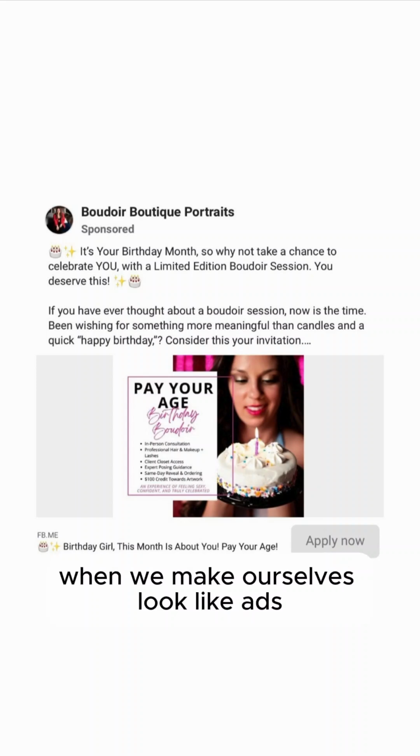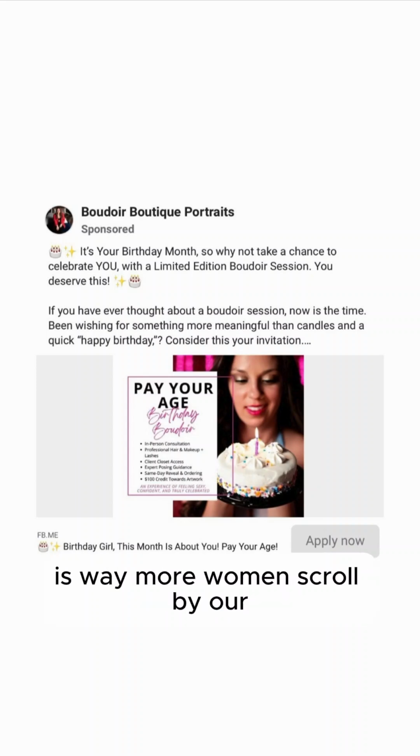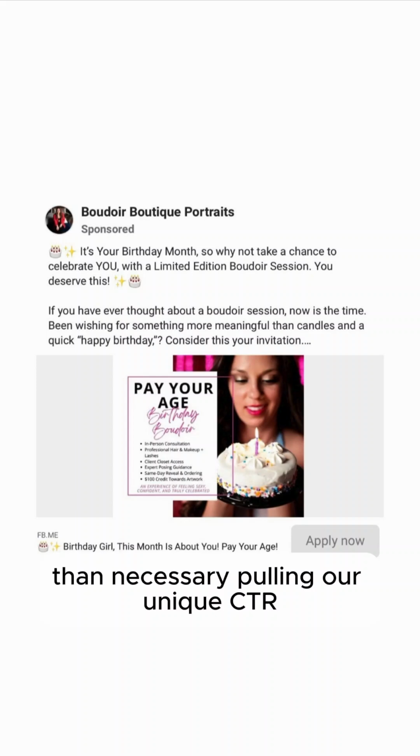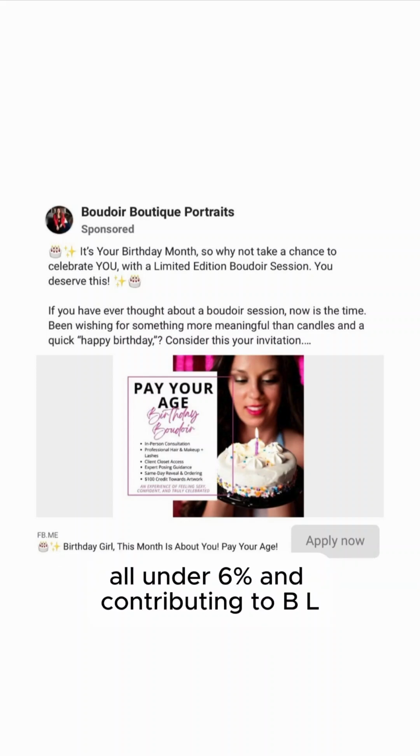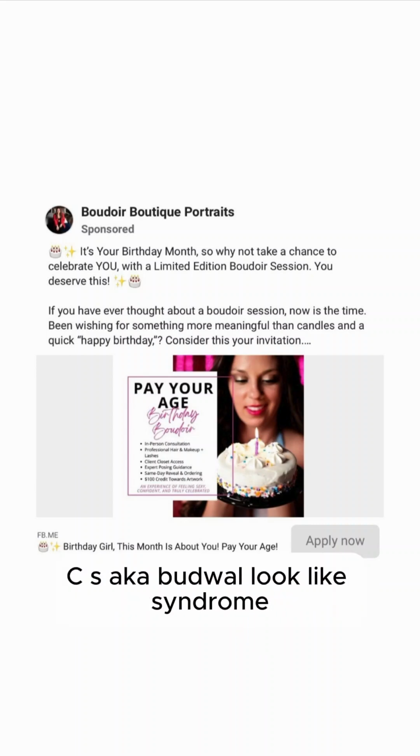The consequence, when we make ourselves look like ads, is that way more women scroll by our ad than necessary, pulling our unique CTRL under 6% and contributing to BLCS, aka Boudoir low click syndrome.